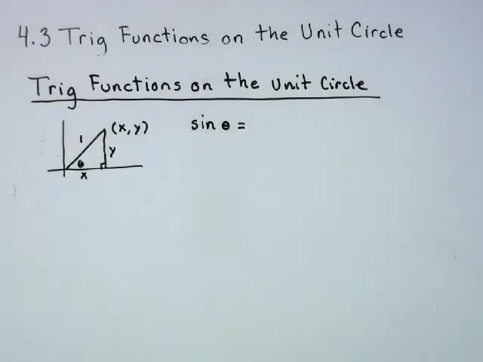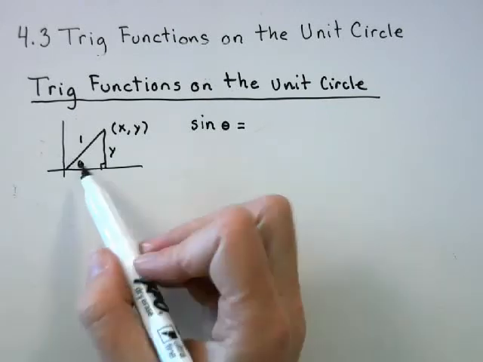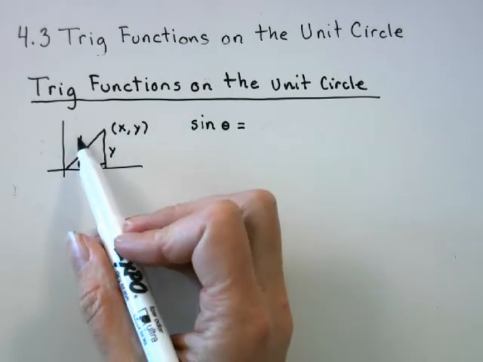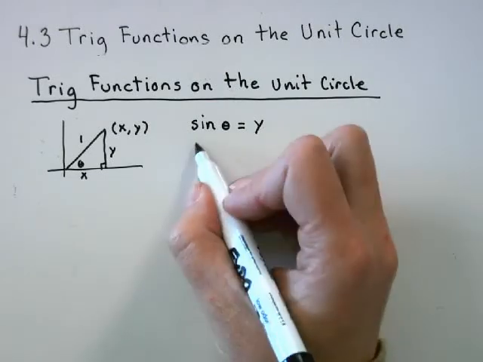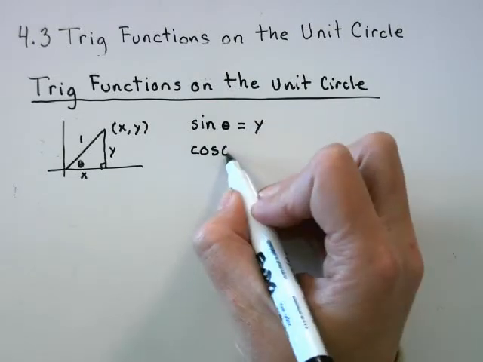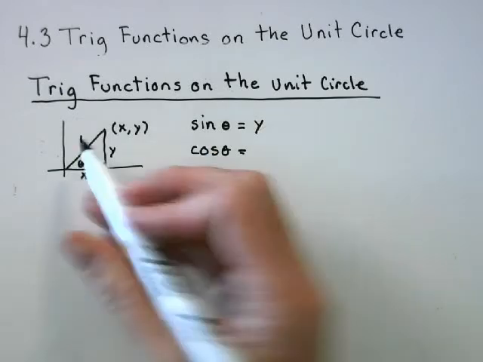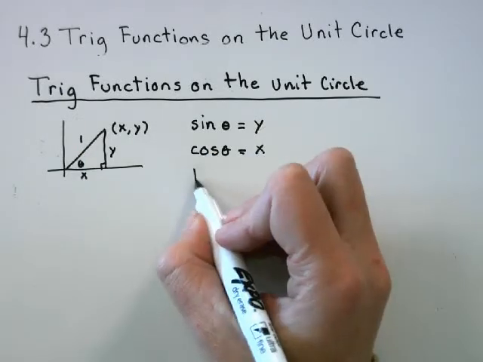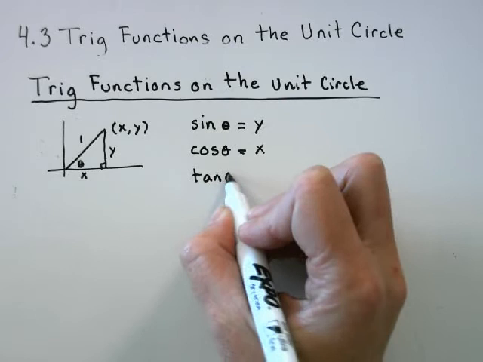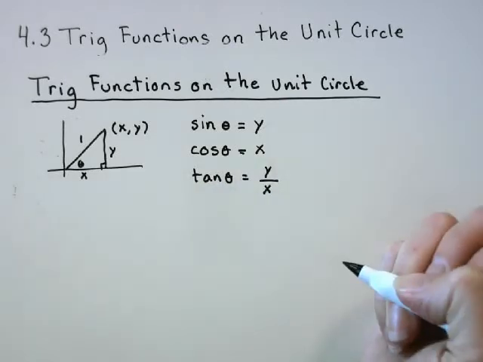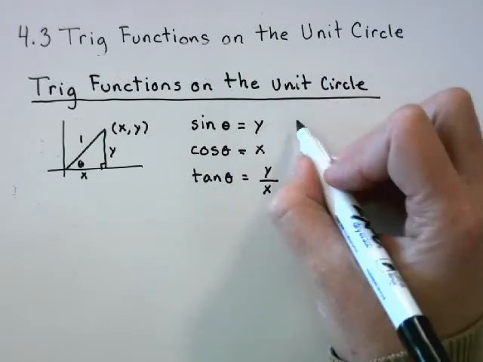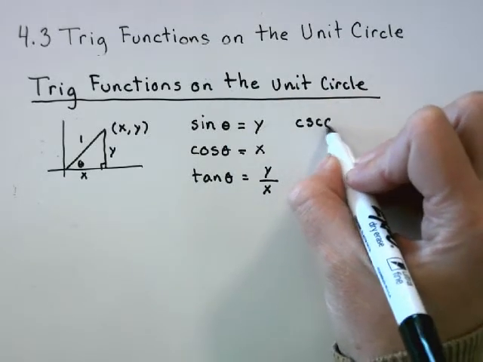With right triangle trig, you can think about it using our previous definitions. I always go back to right triangle trig. So sine is going to be opposite over hypotenuse, which is going to be y over 1, which is y. Cosine is going to be x over 1. Tangent is going to be the y value over the x value. And then our reciprocals.